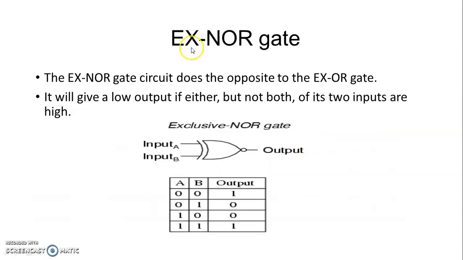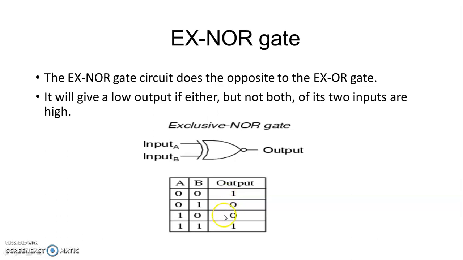Now we will see XNOR gate. The XNOR gate circuit does the opposite of the XOR gate. It will give a low output if either but not both of its two inputs are high. Which means, if both the input values of XNOR gate are same, either both are 0 or both are 1, the output will be high.